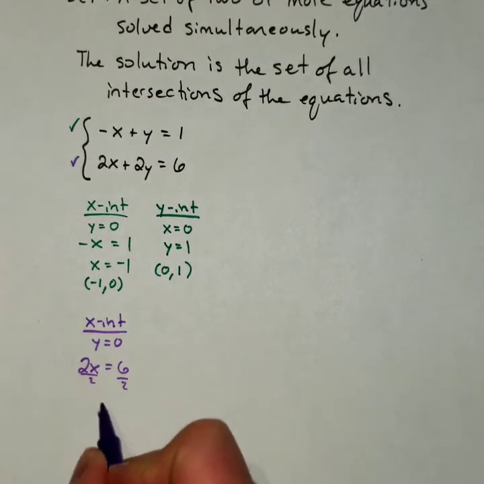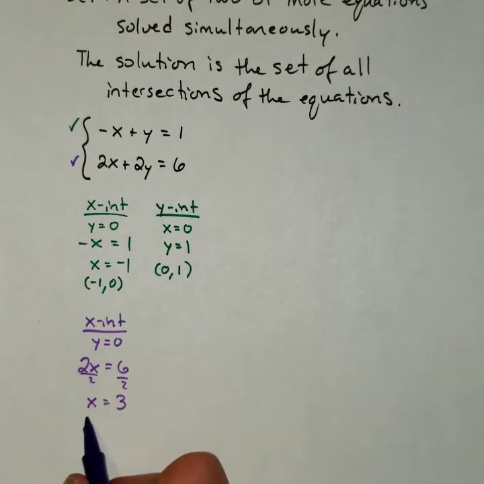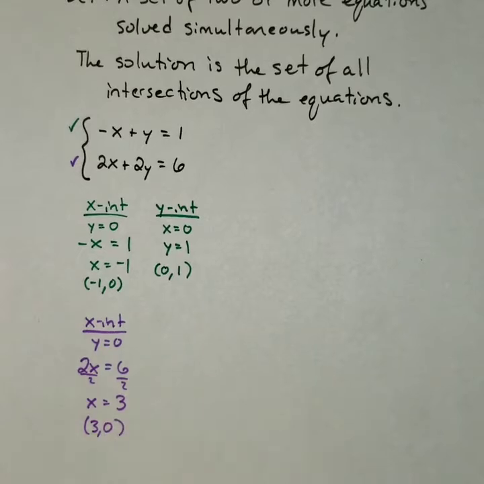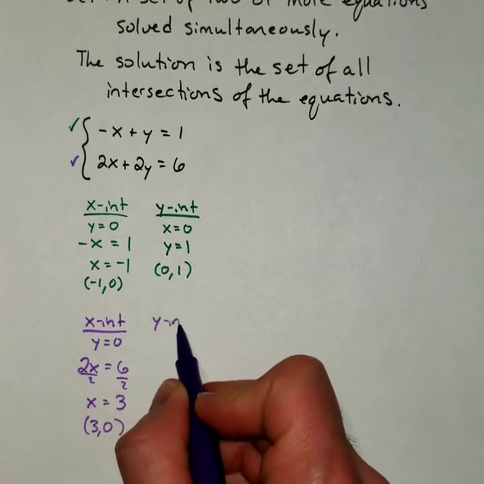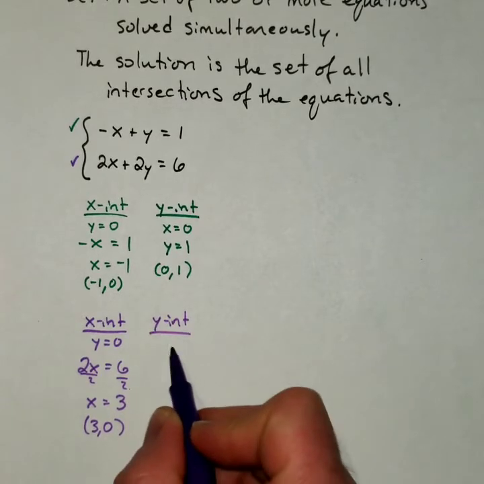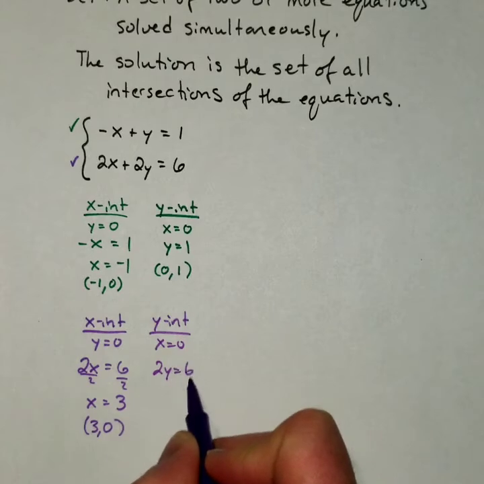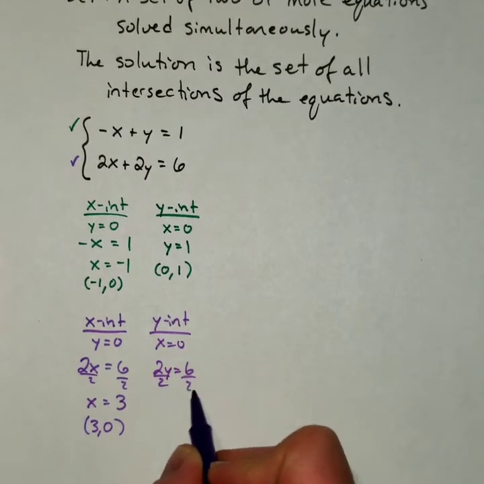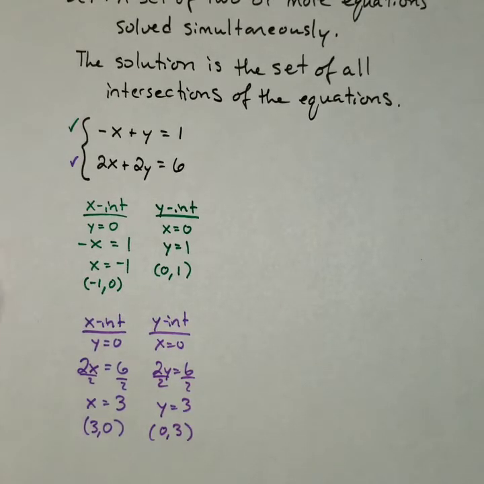Divide by the 2. We get x equals 3, so that's an x-intercept of 3 comma 0. And then the y-intercept, x becomes 0, you get 2y equals 6, divide by the 2, y equals 3, so 0, 3 is the y-intercept.